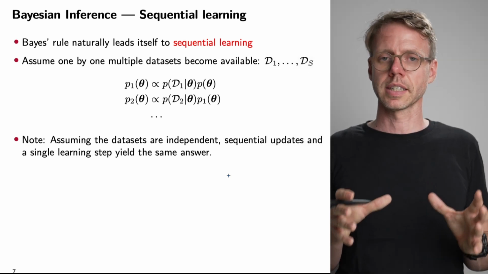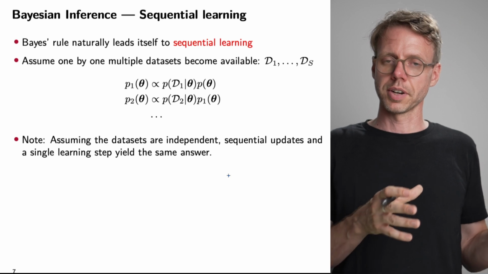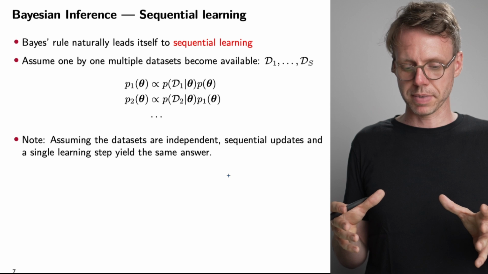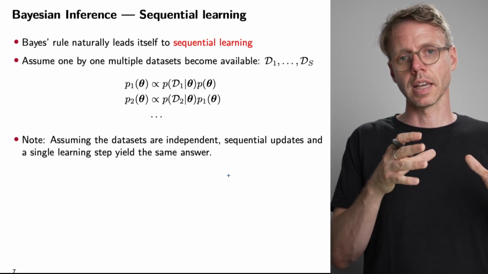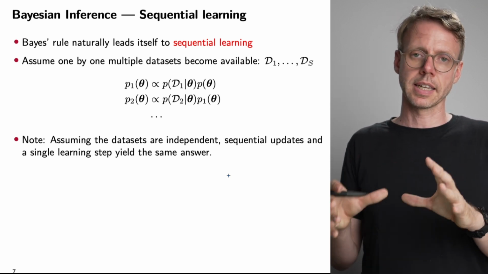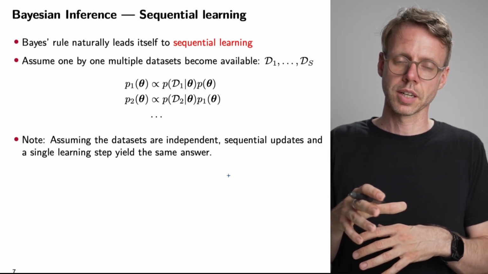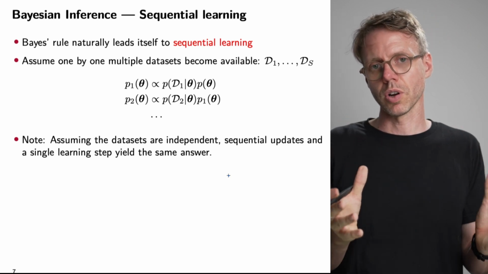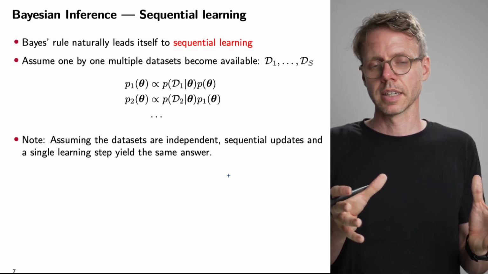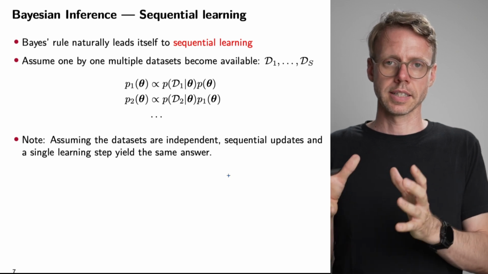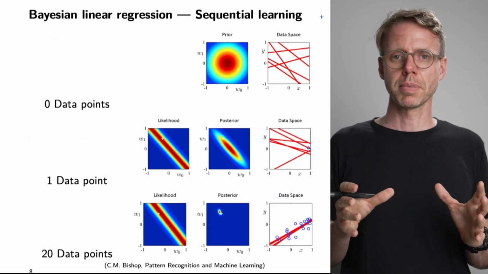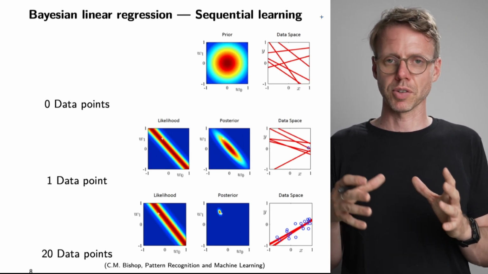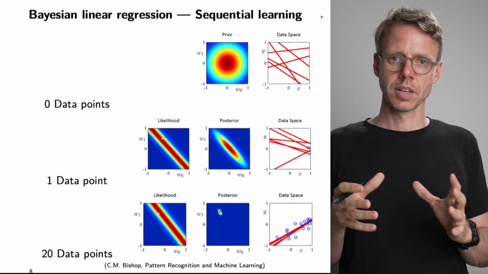So as long as the data sets that we get are independent of each other, then sequential updates are possible and yield the exact same posterior distribution as a final result than if we had combined all of these independent data sets in a single step.